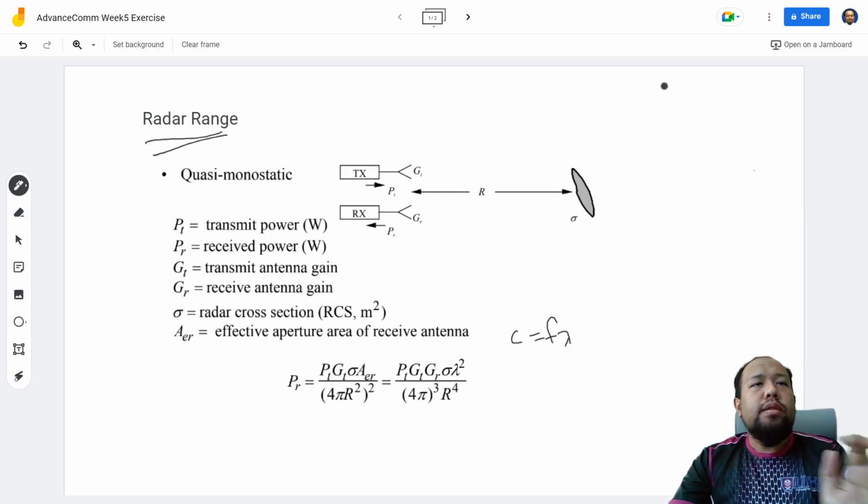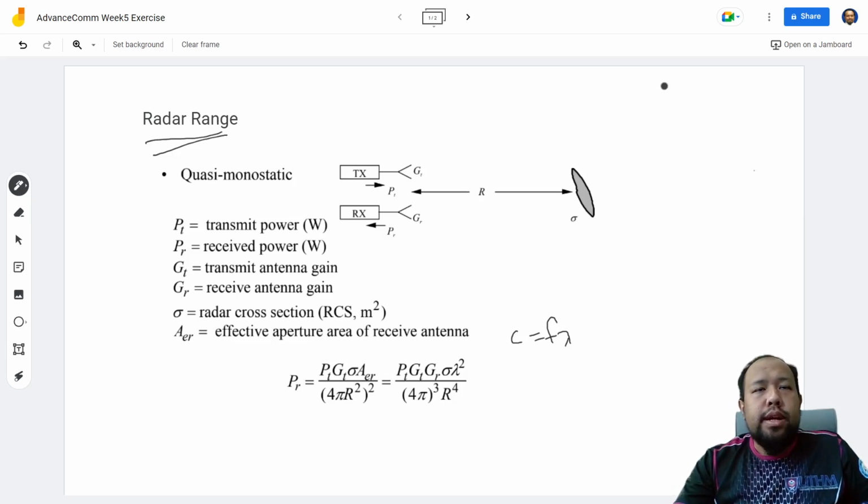Okay, so in the radar system, how are we able to calculate the distance between the radar transmitter and receiver and the object that we want to detect?